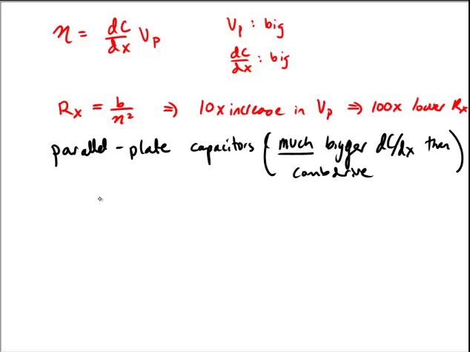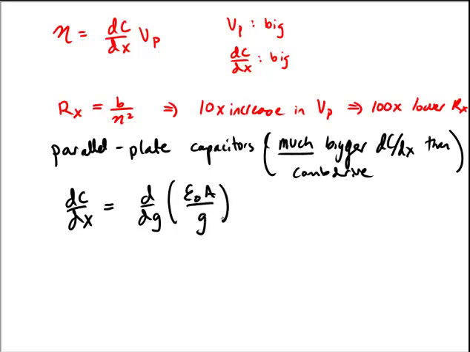So if we go back to the parallel plate capacitor, we had dC/dx. Hopefully this is getting old for you. It's d by dg of epsilon naught A over g, that's the parallel plate capacitor. Actually, I can do it the right way, a little more carefully.